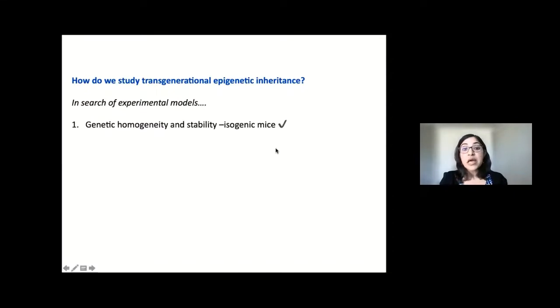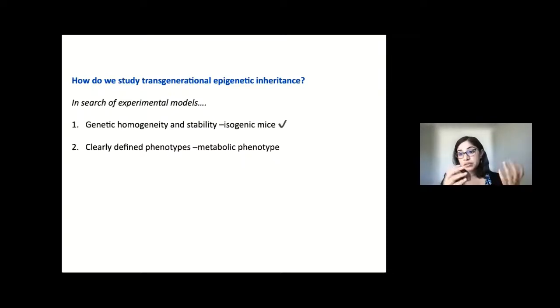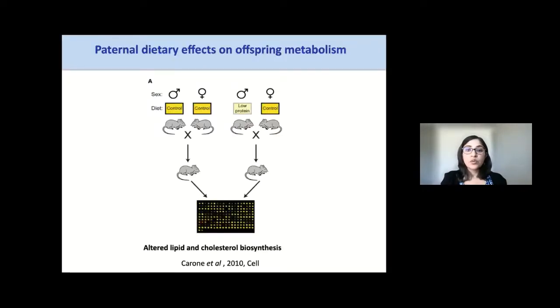So one is identifying which model. We started with mice, which are inbred. Second, if we want to study this mechanism of how this information is going, we first want to have clearly defined phenotypes, what we saw in the humans. So we set up these experiments in our labs, and you can study different paradigms.